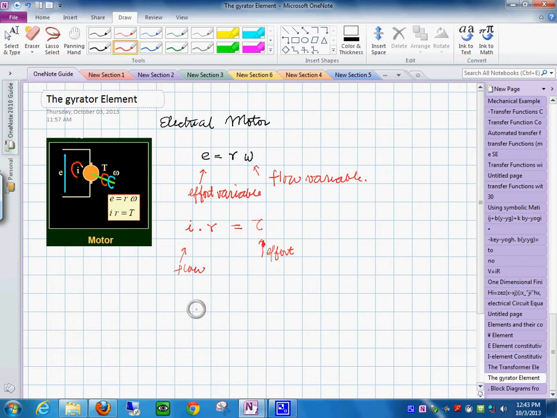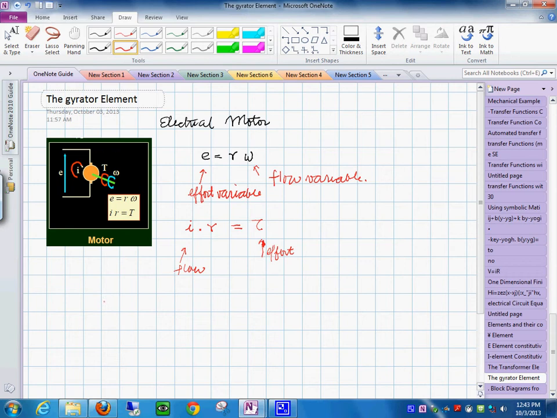So we have these equations. How in the world do we reduce this to a block diagram or a bond graph model? And what are the causal forms that we have? Because we know that those causal marks determine how the equations are written, so we need to explore that.